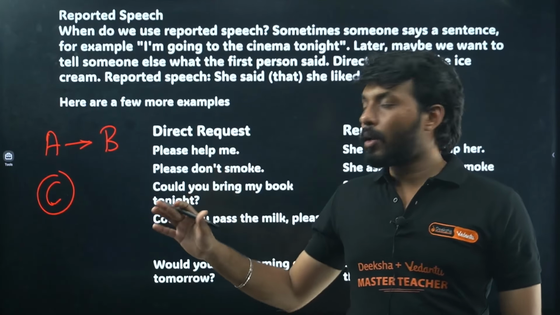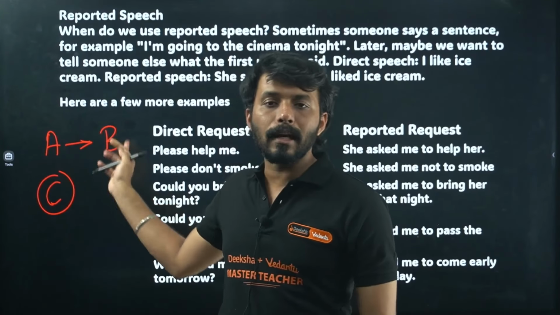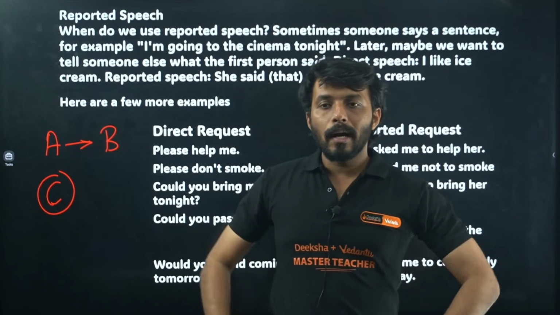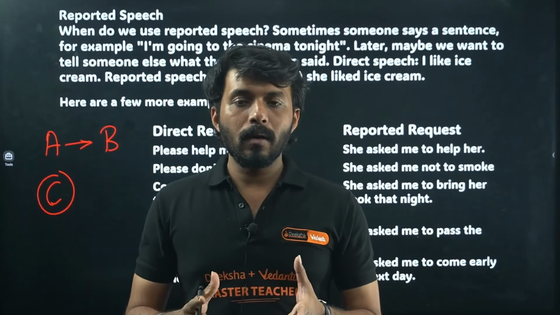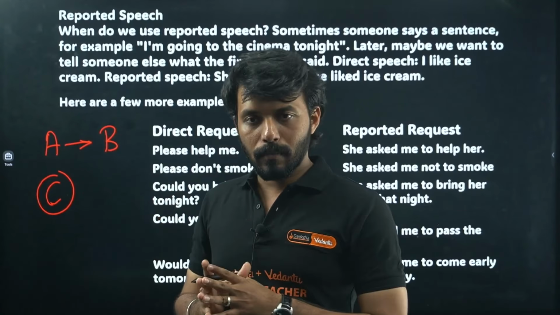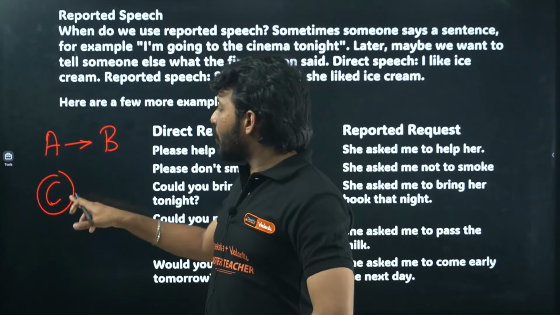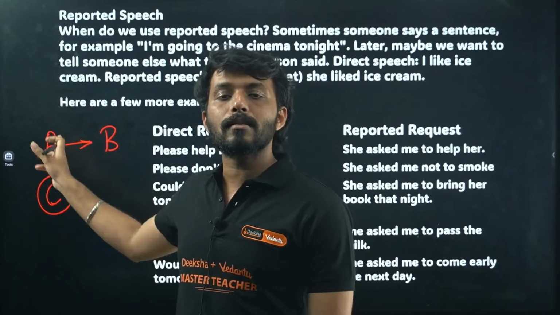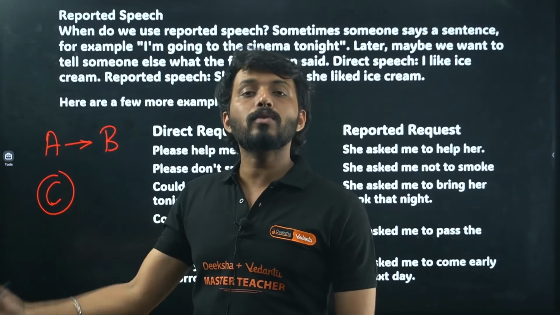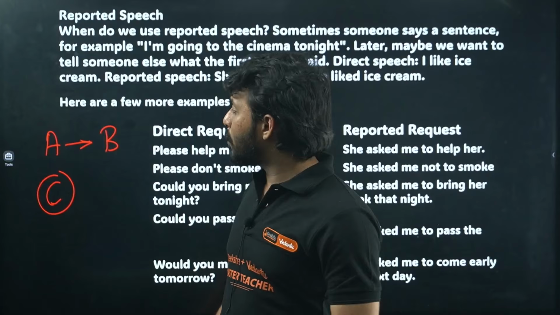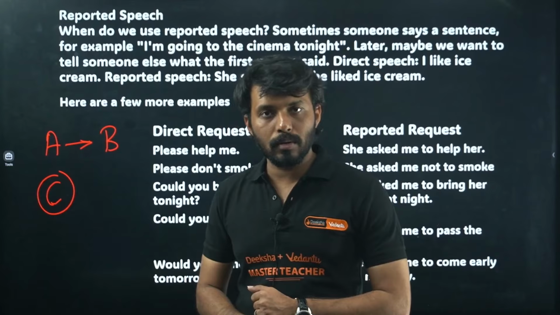But I saw person A talking to person B. So now I go to person B and ask him what person A told him. Or if I am the third person who listened to these two talking to each other, then also I can use reported speech. In both these scenarios, reported speech can be used.